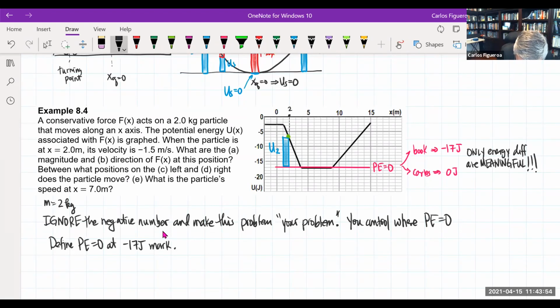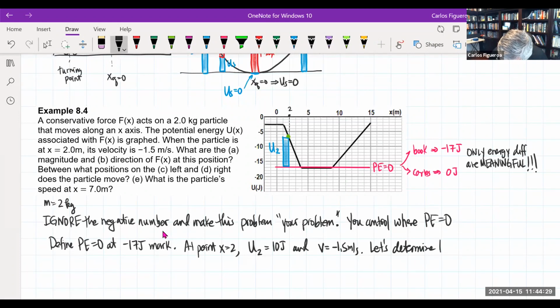So at x equals 2, we read off the graph that it has 10 joules, and it has a velocity of minus 1.5 meters per second. But we don't want velocity, we want energy. So let's determine kinetic energy.